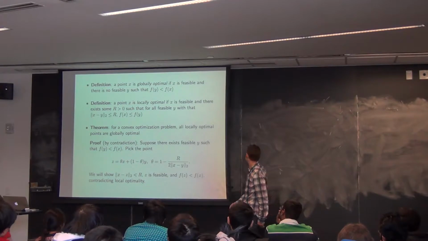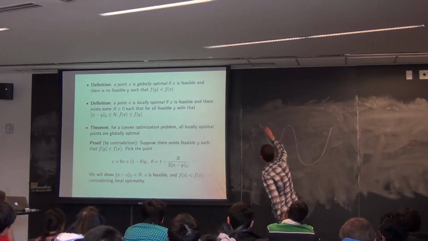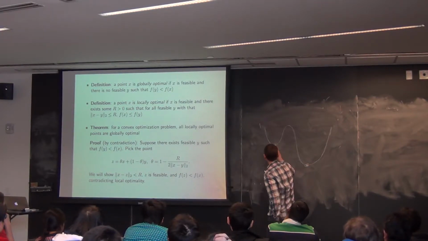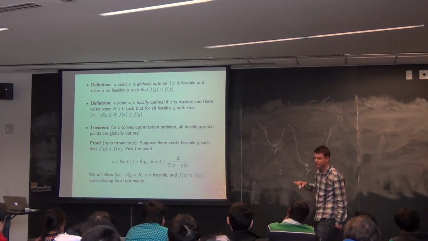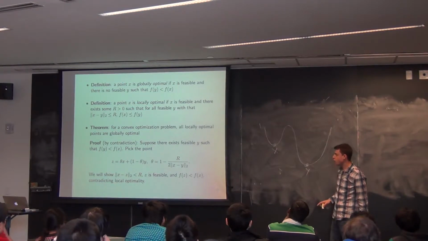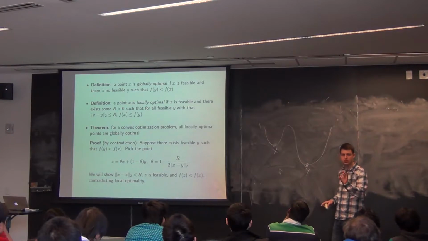All right, so the intuition here is we have points x and y. We assume that f of y is less than f of x. Naturally, I'm drawing a non-convex function for this to actually happen here. But we're going to pick some other point, z, that is actually close to x.